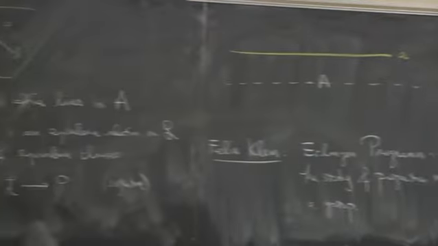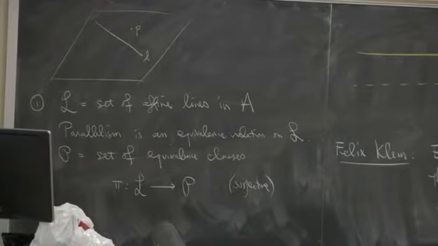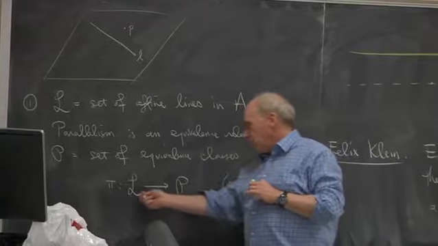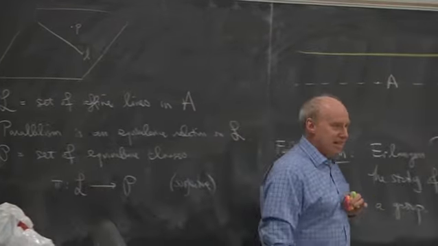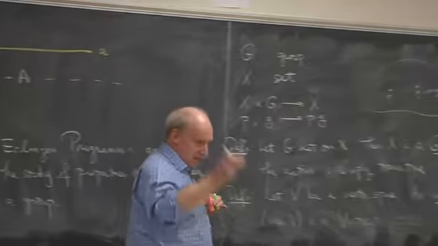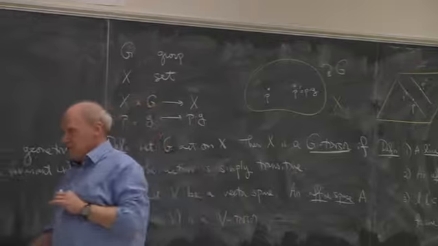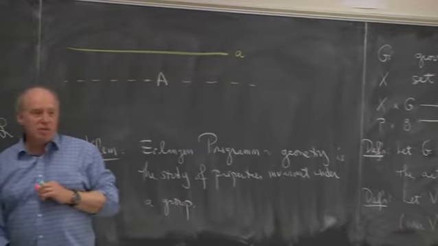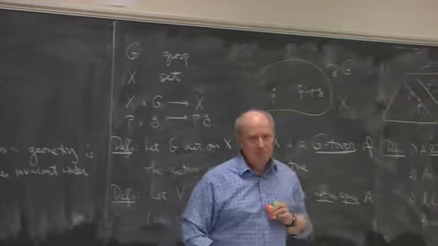It maps an element to its equivalence class. So anytime you have a surjective map, that induces a partition, an equivalence relation on the domain. Two points are equivalent if they map to the same point under that surjective map. So even if it's not surjective, you get an equivalence relation on the domain. So you can always think of maps that way.